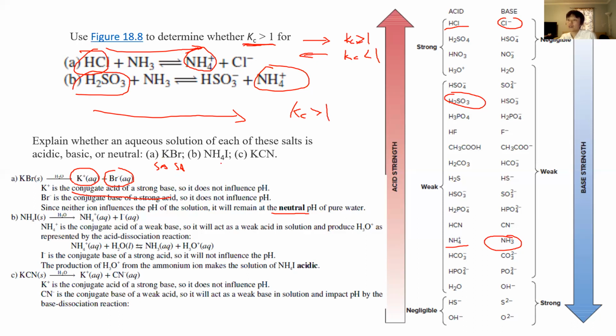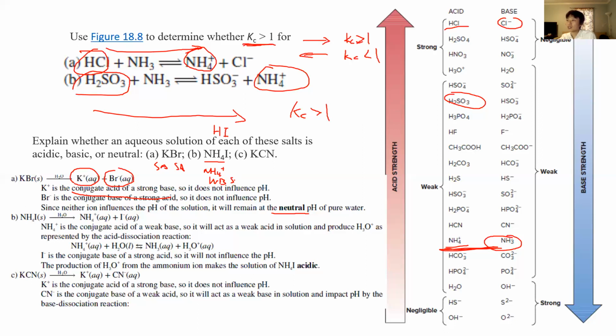But when we have the conjugate acid of a weak base, for example the ammonium ion, which is the conjugate acid of a weak base, and the iodide is the conjugate base of a strong acid, so we have a cation of a weak base and an anion of a strong acid.